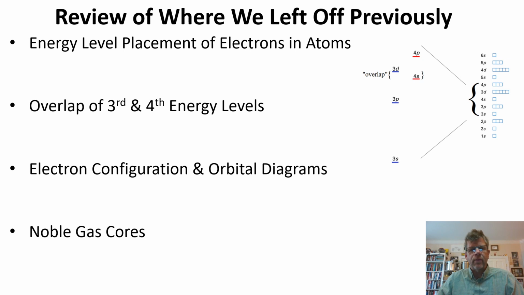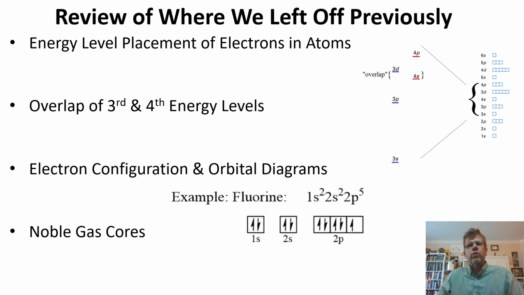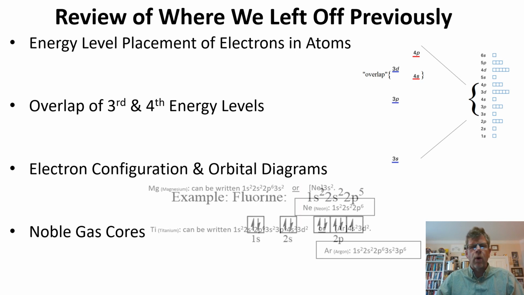With this information in hand, we were able to come up with a couple of new languages for describing the way electrons are stacked around the nucleus of an atom, both electron configuration as well as drawing orbital diagrams. And lastly, what we left with was a shorthand methodology of describing electron configuration, I should say only electron configuration and not orbital diagrams, through the use of noble gas cores.